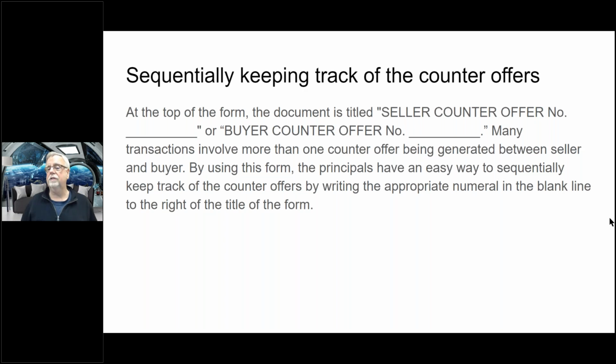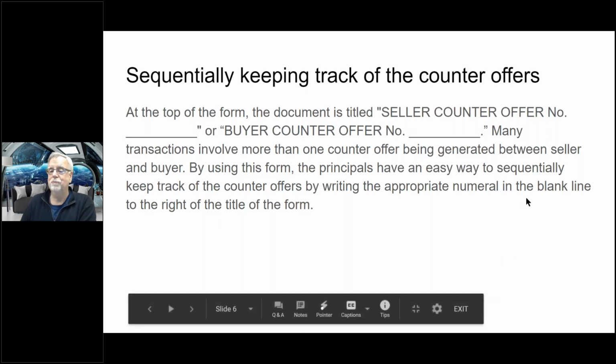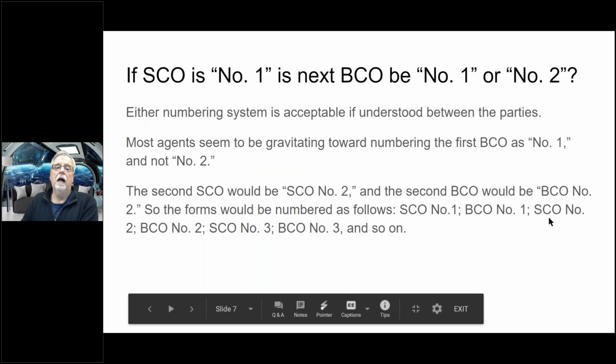Now, the short answer is nobody really knows, and it's not a big deal as long as everybody agrees. So according to the California Association of Realtors legal department, it doesn't really matter. Sometimes it's 1 and 2 and 3 and 4, but I always number them seller 1, seller 2, seller 3, buyer 1, buyer 2, buyer 3. Hopefully you don't have very many more than that.